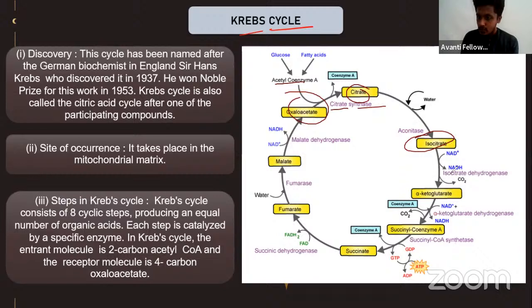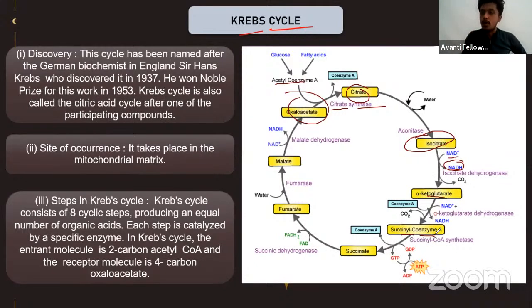Isocitrate is converted into alpha ketoglutarate by reducing one molecule of NAD plus to NADH. The NAD plus and NADH byproducts are very, very important for the next step. Once we have alpha ketoglutarate, it is converted into succinyl CoA.